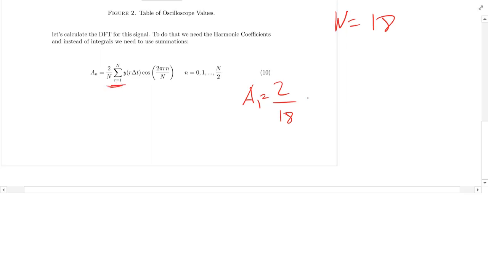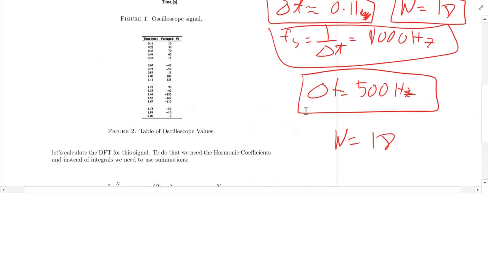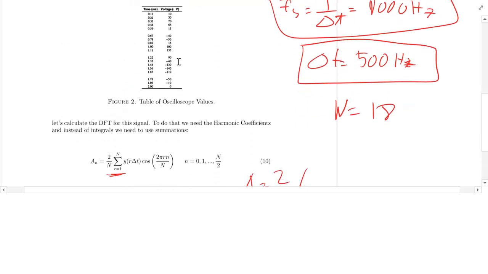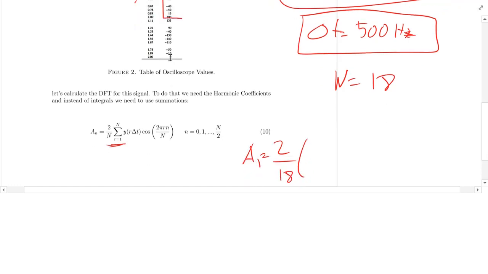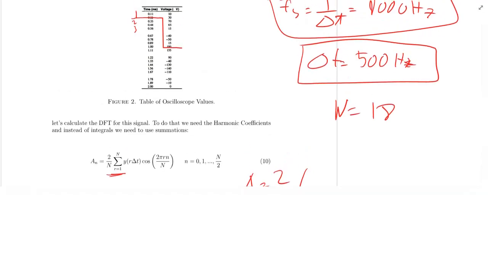So I am going to multiply this. What is my first y value data point? It's 10 volts, as you can see up there. Let me draw here: this is r equals 1, 2, 3, 4, 5. So this is my first data point right here, and it is going to go at 10.